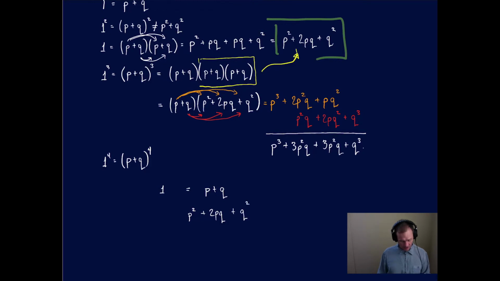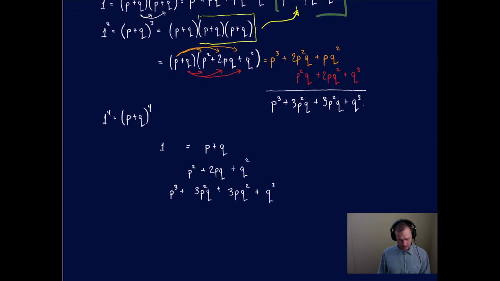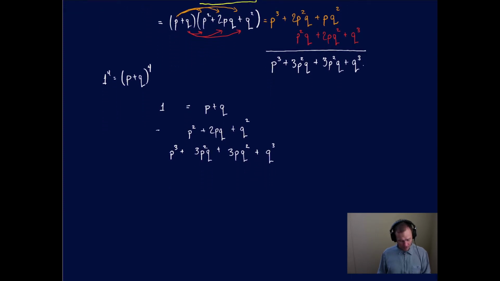And then let's look at our next one. Our next one says p cubed plus 3p squared q plus 3pq squared plus q cubed. Okay. All of these, they always add to 1.